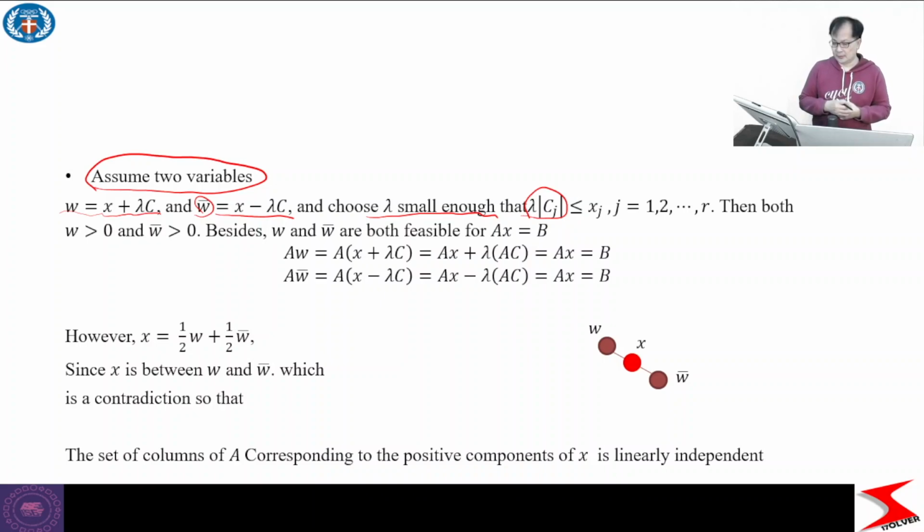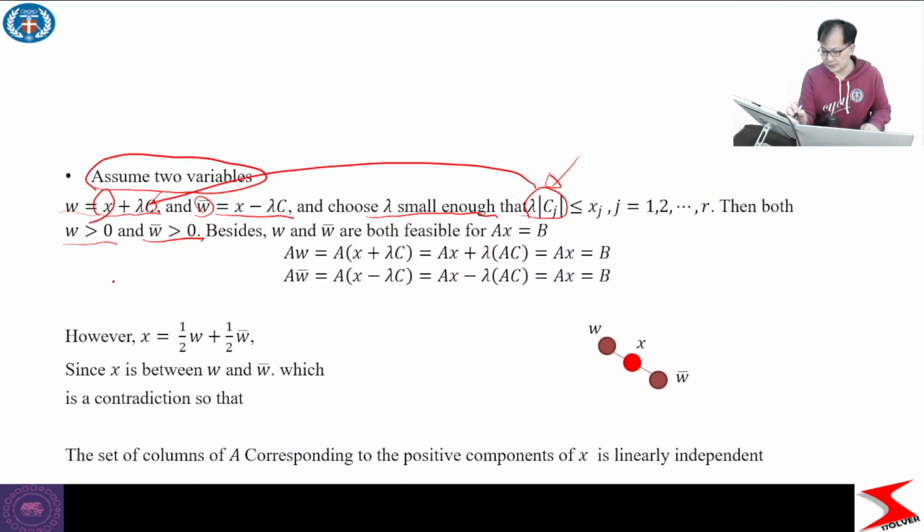With this condition, we can guarantee that W is larger than 0 and W bar is larger than 0, right? Because X is larger than 0, and Xj is larger than lambda times C, so this one is also positive.